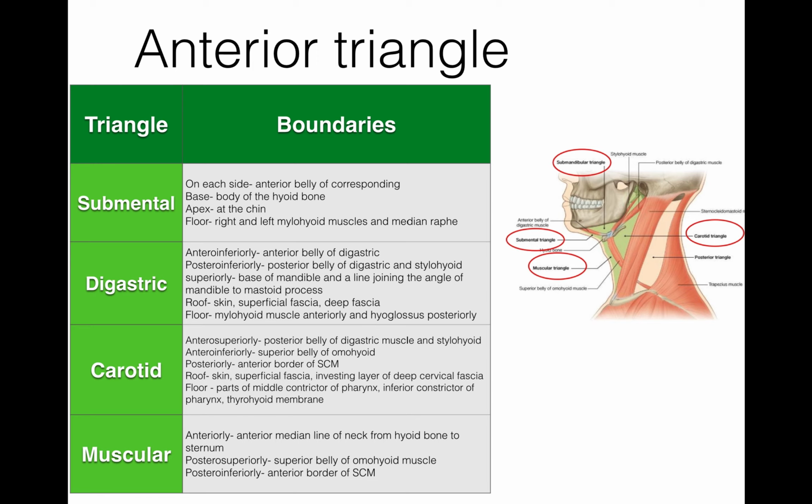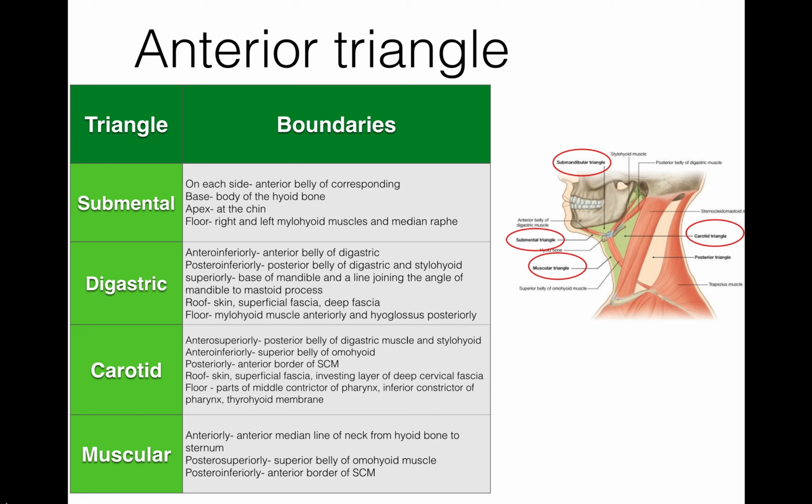Anterior-inferiorly there is the anterior belly of the digastric muscle, and then posterior-inferiorly there's the posterior belly of the digastric and the stylohyoid muscles, and superiorly there's the base of the mandible and a line joining the angle of the mandible to the mastoid process, and the roof is formed by the skin, the superficial fascia, and the deep fascia, and the floor is formed by the mylohyoid muscle anteriorly and the hyoglossus muscle posteriorly.